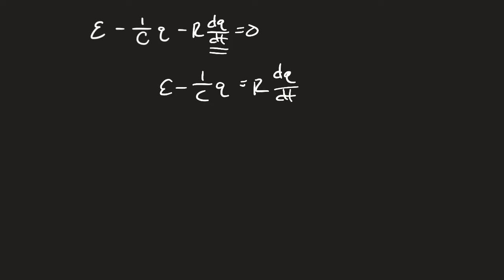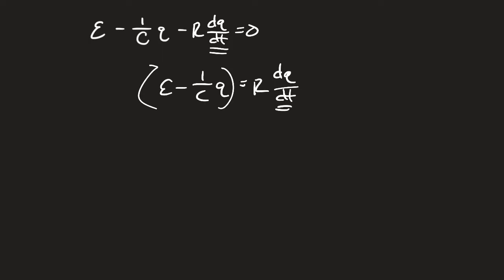So to separate our variables, the reminder to all of you is that we need to get anything with a q in it on the same side of the equation as dq, and anything with t in it on the same side as dt, but there is nothing with t. It's all about q. So we're going to separate our variables by multiplying both sides by dt, and then get everything with q in it on the same side.